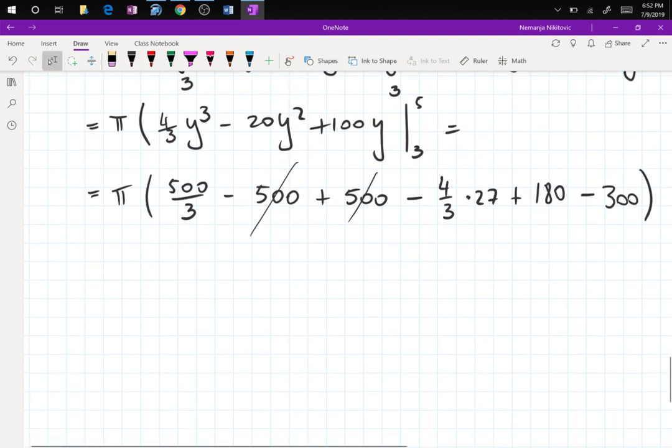This is awesome. Pi, we have 500 over 3. Minus 3 and 27 cancels down to 9, so that's a 36. And then minus 120, because 180 minus 300 is 120.